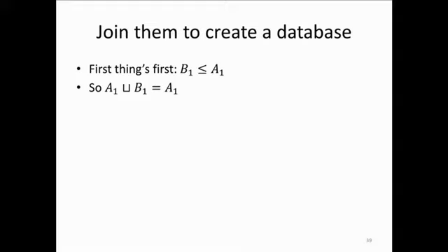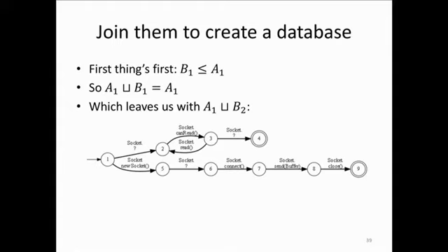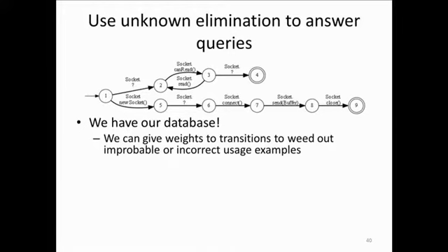So their join is just going to collapse to the larger one, and that just leaves me with A1 joined with B2, which is this here, which I can't consolidate any further. I don't have any redundancies left. So at least there's some portion of consolidation that's easy to do. So that's great for me. And we want to take that and use that to answer queries.